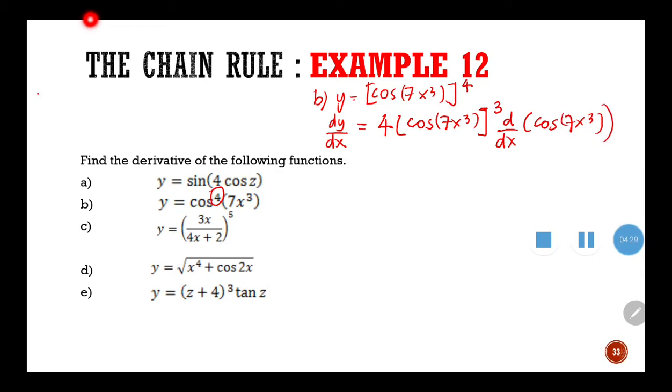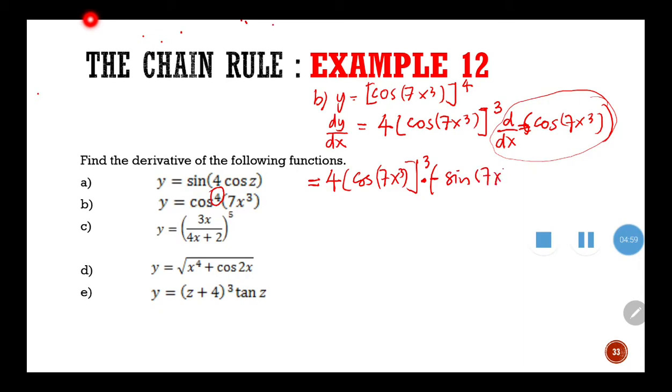You see? Okay, so now I want to differentiate d dx of cos 7x to the power of 3. I want you all to see. So we just copy back the answer we have, cos 7x to the power of 3 here, d dx. When you find cos, what do you get? Negative sin. Right? Multiply with negative sin of what? Copy 7x to the power of 3, and don't forget to differentiate whatever inside here.